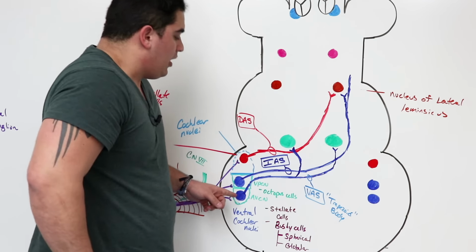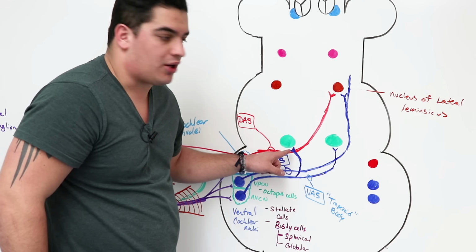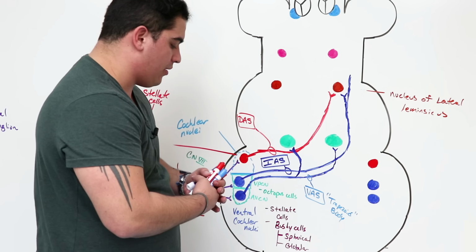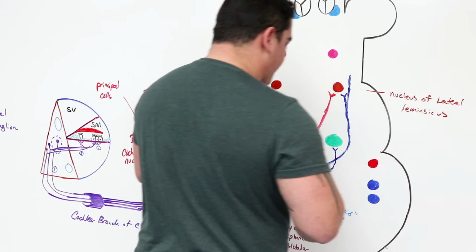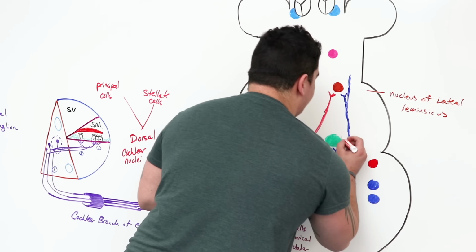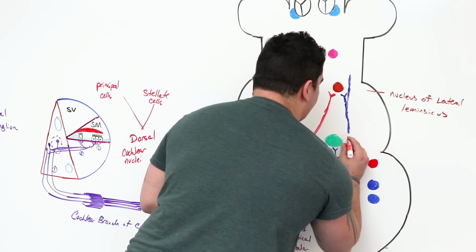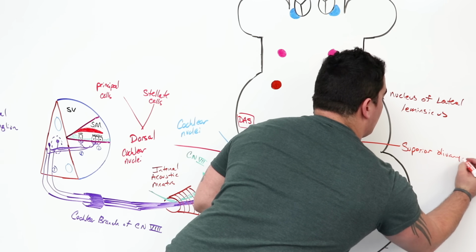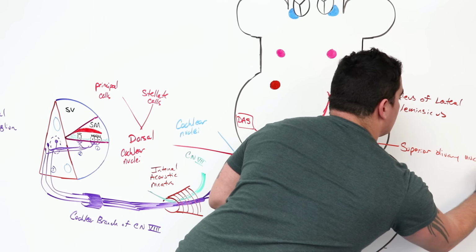Now, the ventral acoustic striae crosses over. Most of the fibers cross over to this green structure here within the lower pons. Some of them will stay on the ipsilateral side within the lower pons. What is this structure called? This is called the superior olivary nucleus.